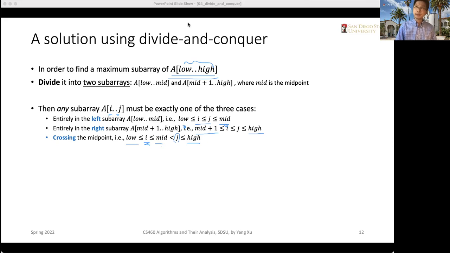We can always find a sub-array once we know where the starting index and the end index of the original array are. As long as the original array is defined within a limited range, we can always find any sub-array. If I and J exceed low or high, then it is not a valid sub-array. So when we talk about sub-arrays, it must be one of those three cases.